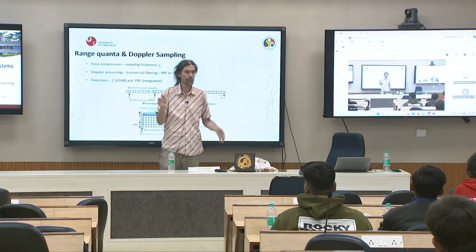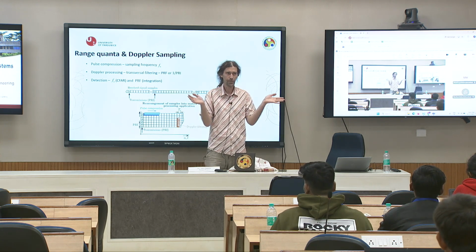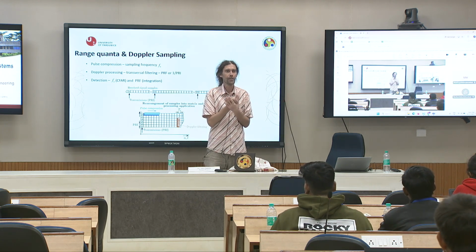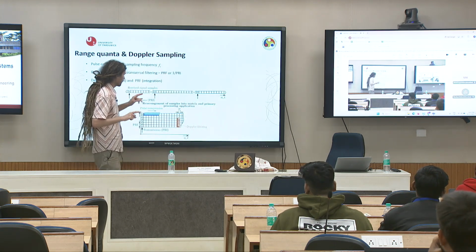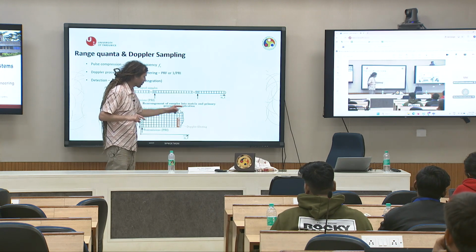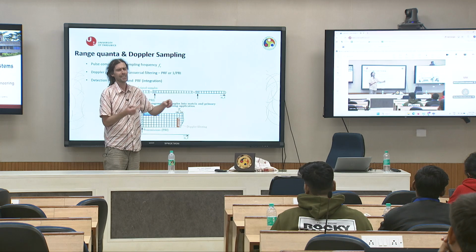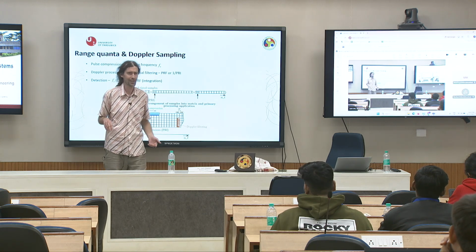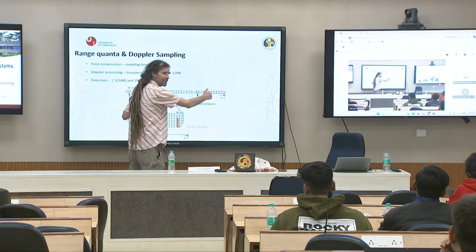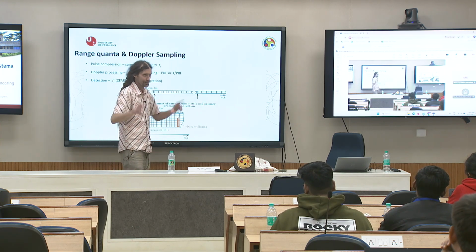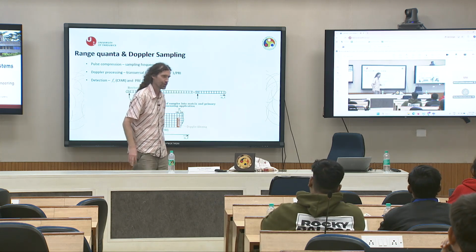And with better resolution, you can more easily separate targets. But please be careful. You also need a higher level of sampling. So this is a little confusing, because it is like sampling in time and the number of CPIs. It is like sampling in slow time, if you get my point. So it is a little confusing.